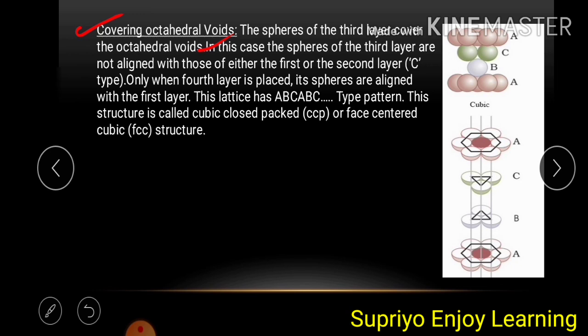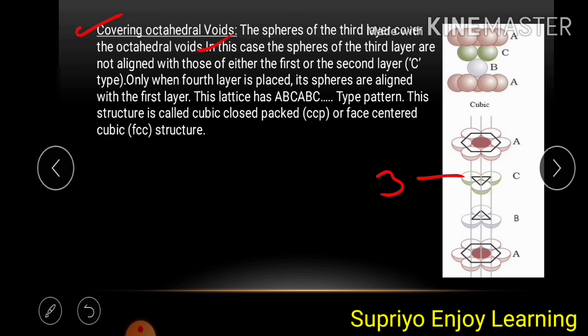C type. Suppose this is the third layer. Only when the fourth layer is placed, its spheres are aligned with the first layer. So this lattice has ABC type pattern.